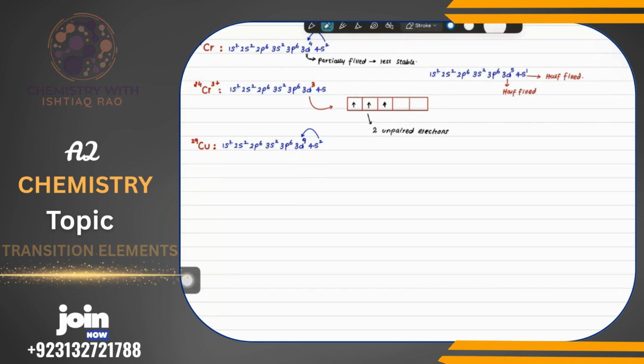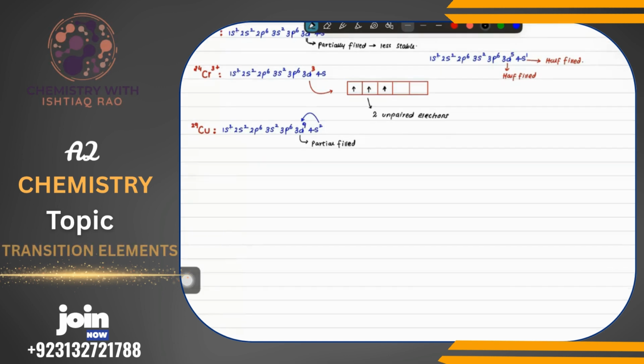Again, a partially filled d orbital must have 10 or 5 electrons. In both cases it would be more stable, right? But now it has 3d9, which is partially filled, which is less stable.